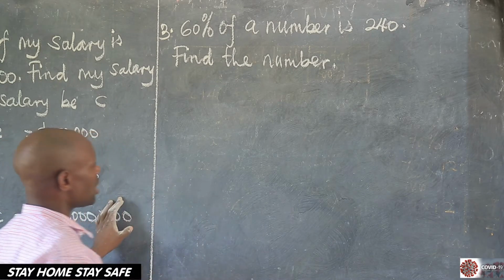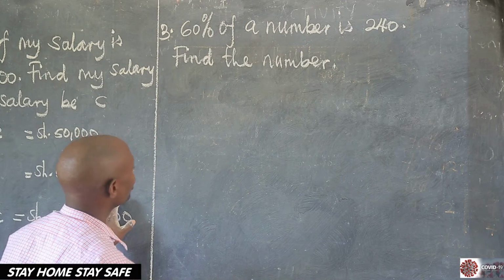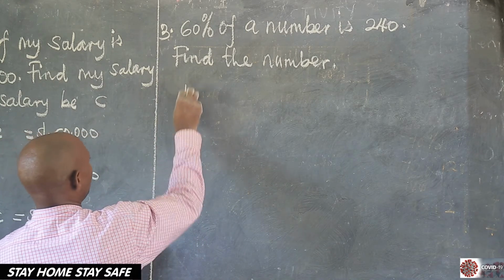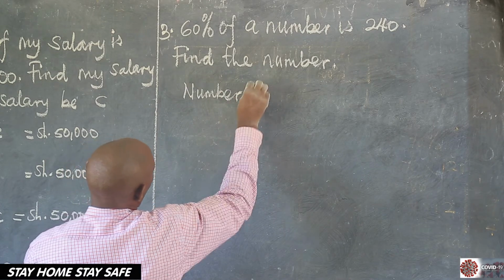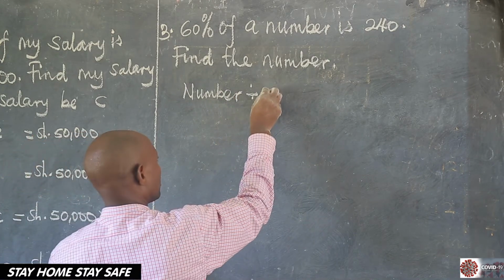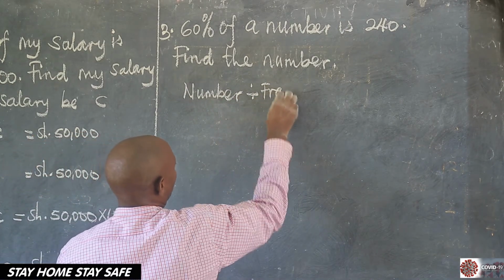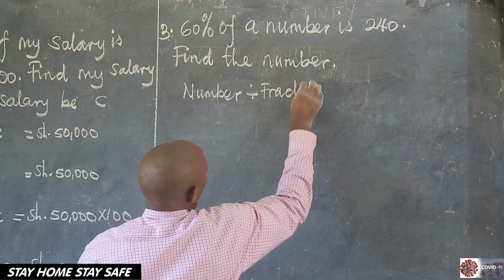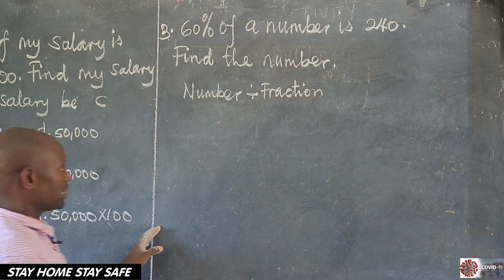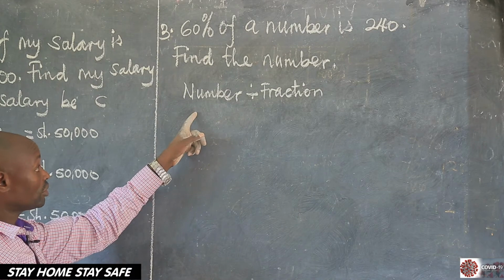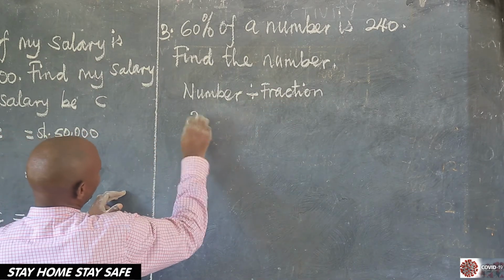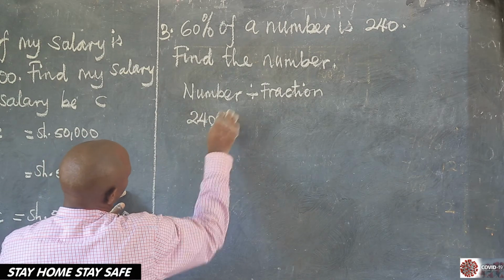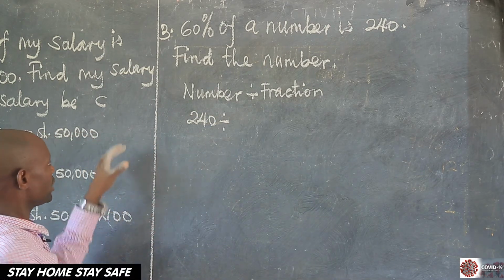The method which I'm giving you here is, you get the number given, then you divide it by the fraction. So the number given is 240. Divide it by the fraction.